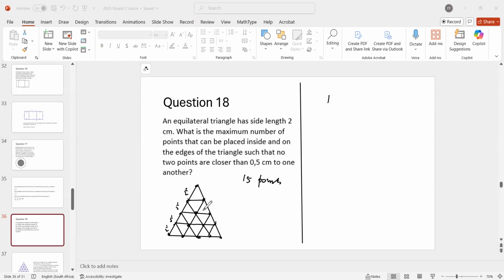But now, if I take one more point, I'll have to put this one point inside one of these. I've taken care of all the vertices. There are 15 points. The 16th point is inside one of the triangles.